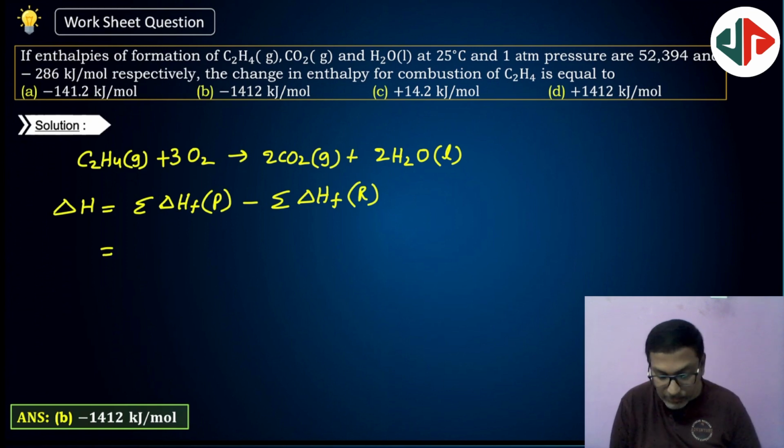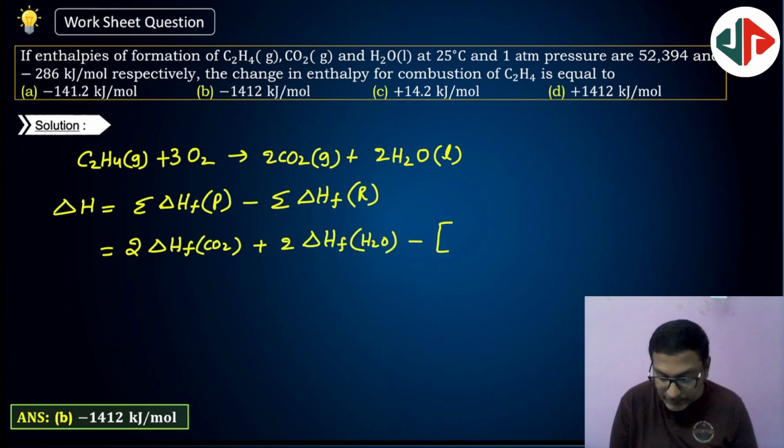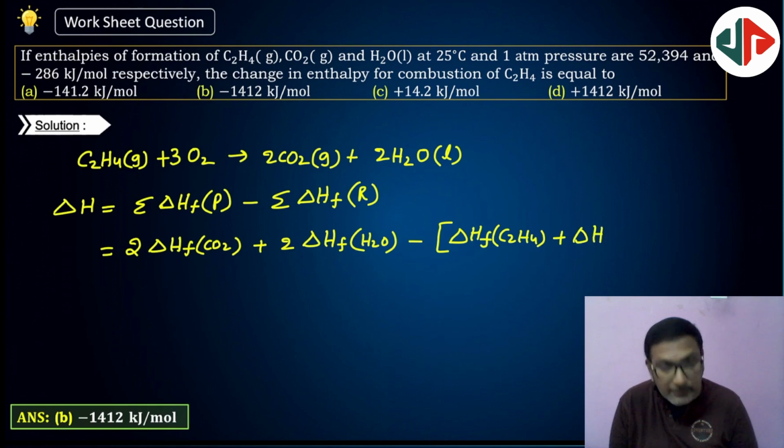So products: 2 into delta H formation of CO2 plus 2 into delta H formation of H2O, minus delta H formation of ethylene C2H4 plus delta H formation of 3 into delta H formation of O2.